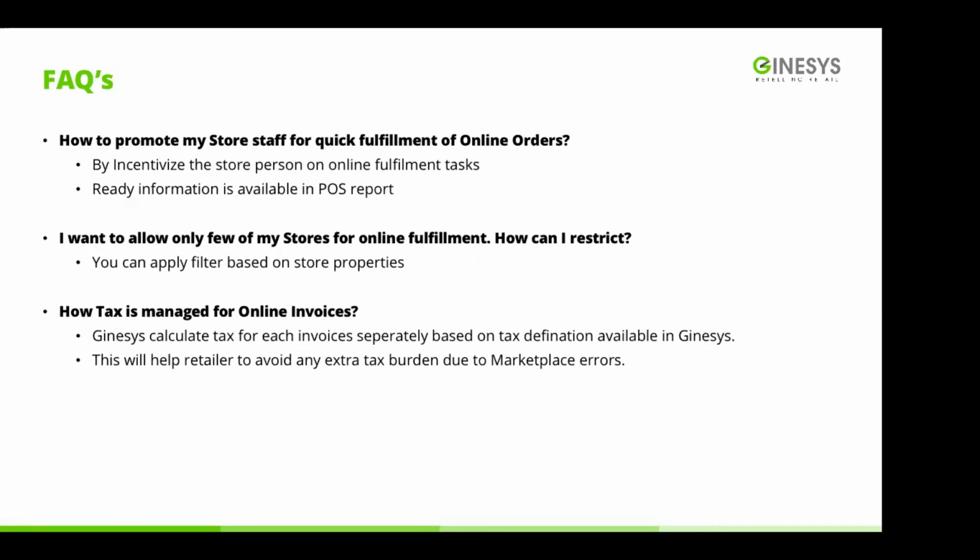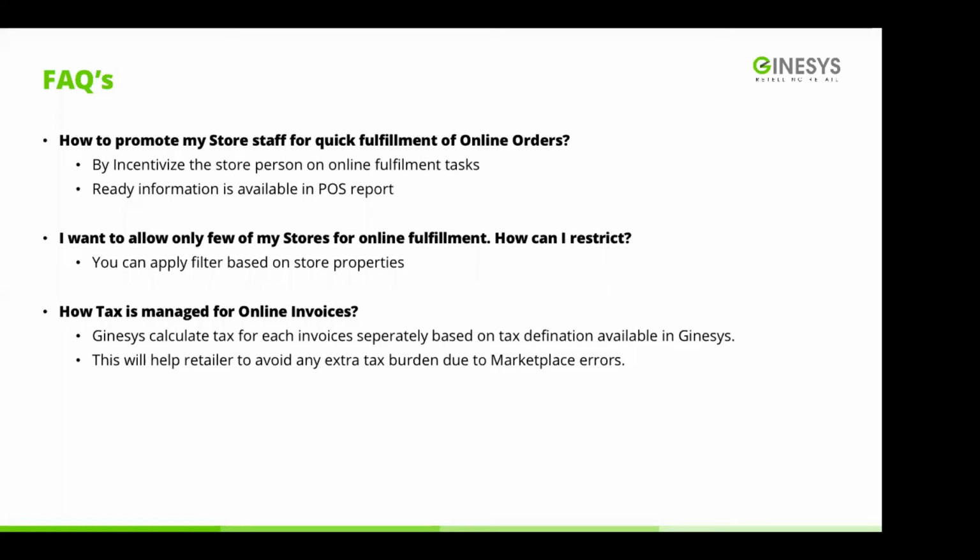How is tax managed for online invoices? Ginesys calculates tax for each invoice separately based on the tax definition available in Ginesys. This will help the retailer avoid any extra tax burden due to marketplace errors. We have seen a lot of cases in different marketplaces, including Amazon and all the big players, where they wrongly calculate the tax.